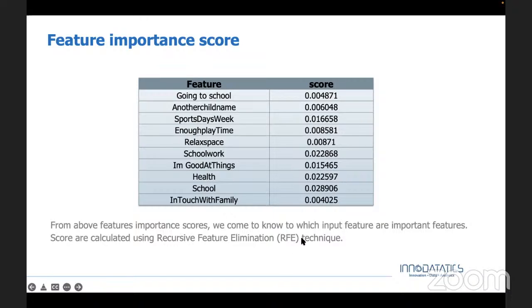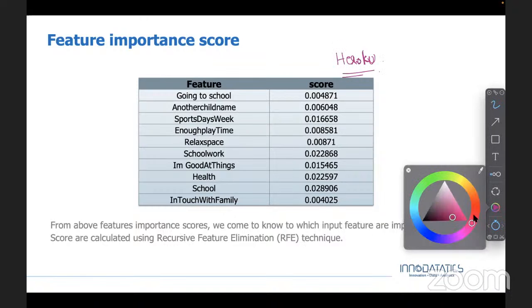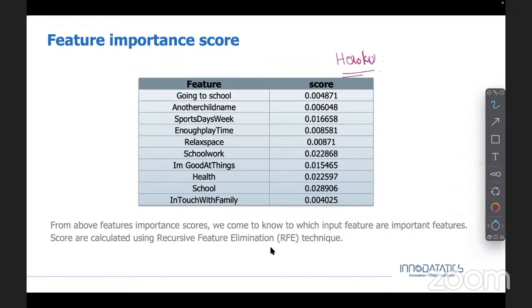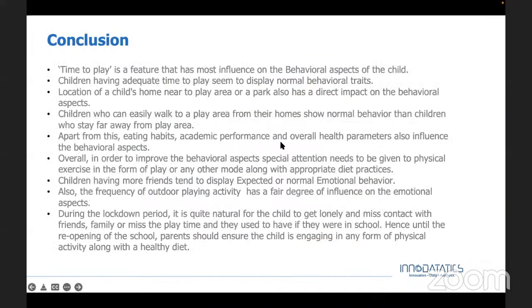And the team has used something called an RFE based technique, recursive feature elimination, which assigns a score, and those variables which have a high score should be considered. And these are the features which were considered to have a good impact on the output variable.